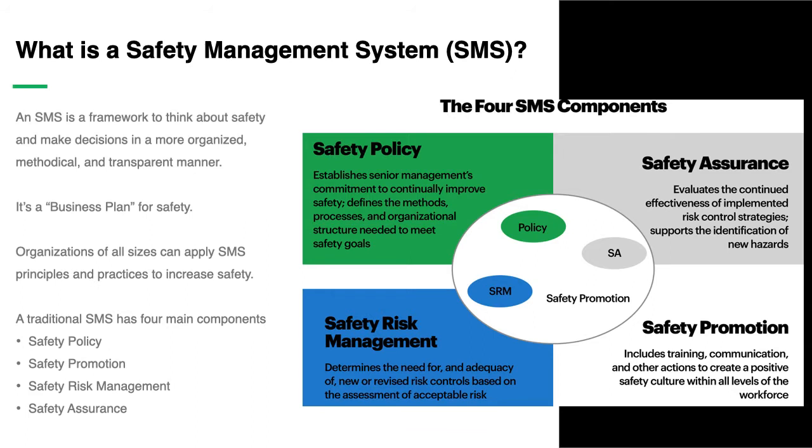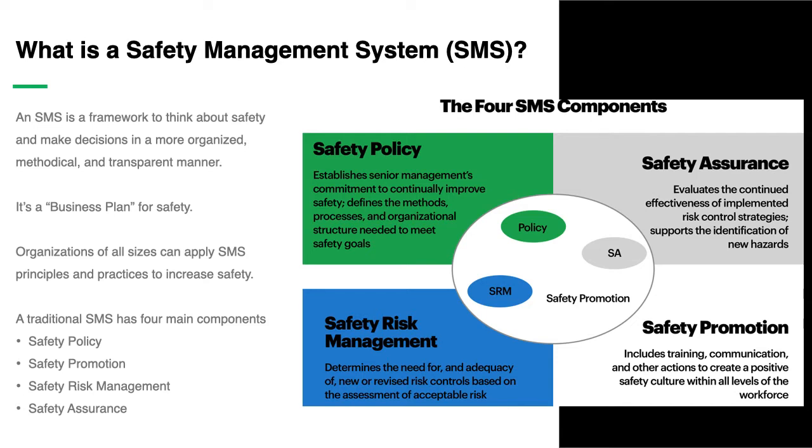First, a little bit about what a safety management system is. A safety management system is a decision-making framework at its core. It's a framework to think about safety and make decisions in a more organized, methodical, and transparent manner. Think about it like a business plan for safety, because it operates in a very similar way. Organizations of all sizes can apply elements and components of SMS to increase their operational and organizational safety.